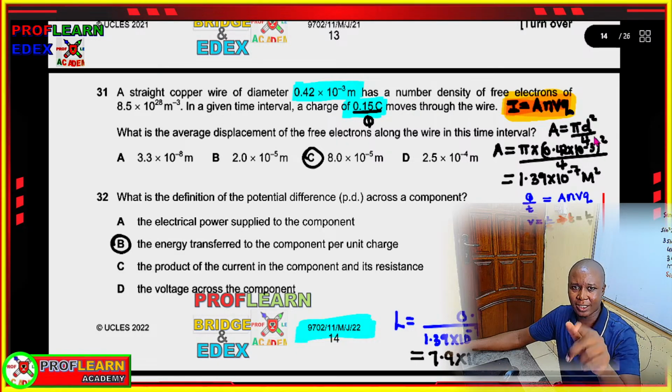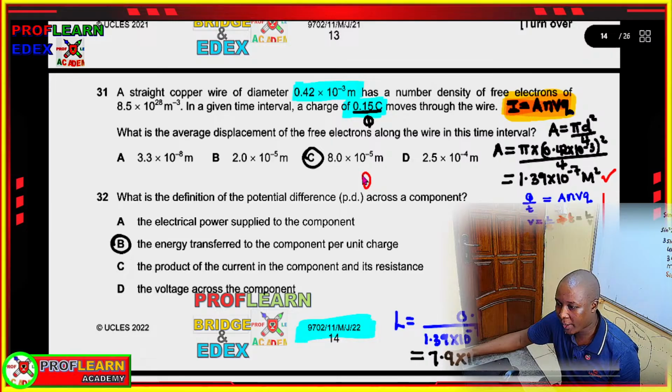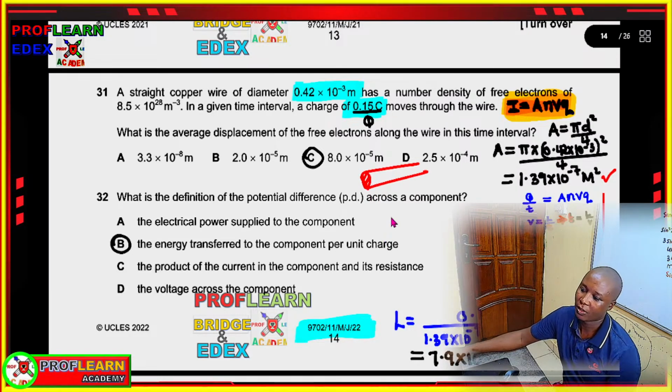So if you take d over 2 squared, it is d squared over 4. Then we can work out the cross-section area of the wire that we are considering.